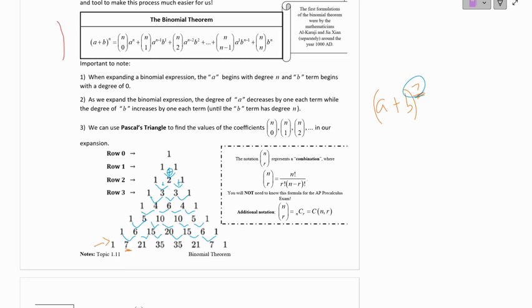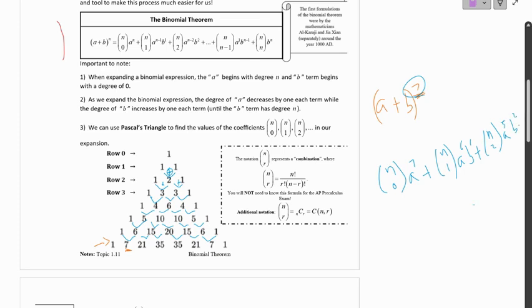So if you're looking for a specific term, let's say this was 7, and I was looking for the third term in this. Well, the first term is n choose 0, a to the 7th, plus the second term is n choose 1, a to the 6th, b to the 1st, plus n choose 2 times a to the fifth, b to the second, and so on and so forth.